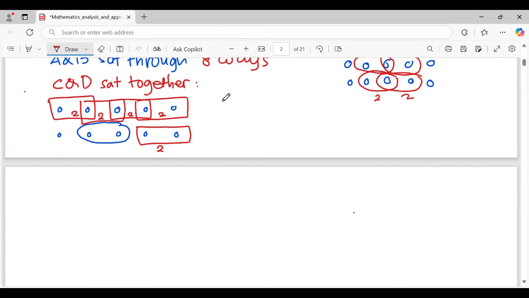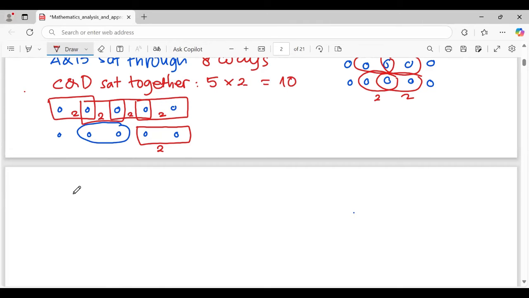So C and D sat together in 5 times 2, so it is 10.